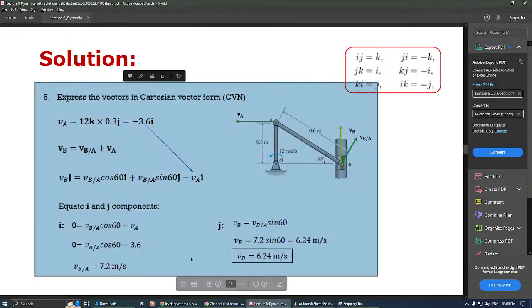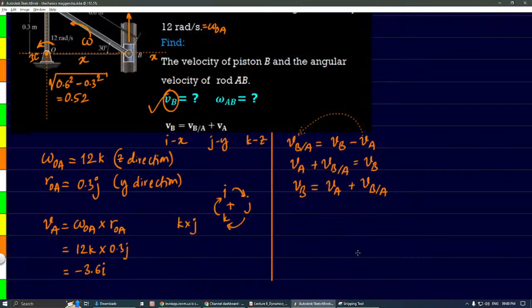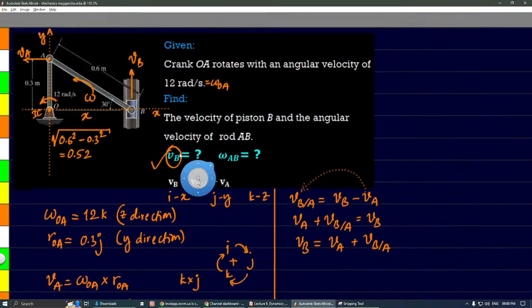Now velocity of B. What is velocity of B? We know it is vertically upwards, but we don't know the value.